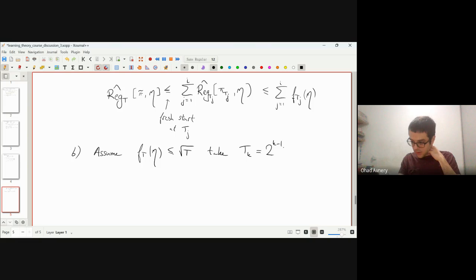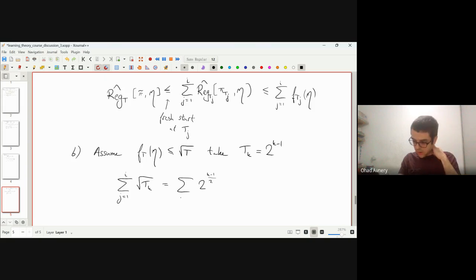So here if we substitute, the sum becomes the sum of j from 1 to I of the square root of t_k, which is 2 to the power of (k minus 1) over 2.